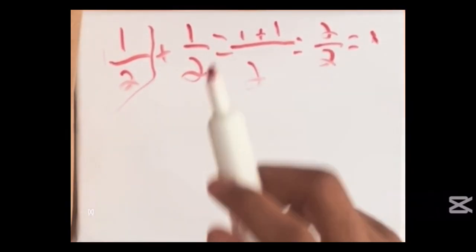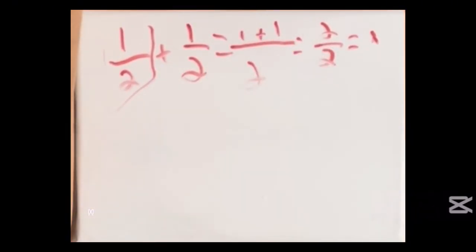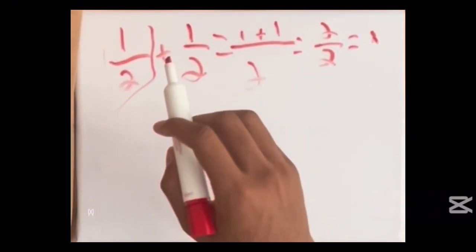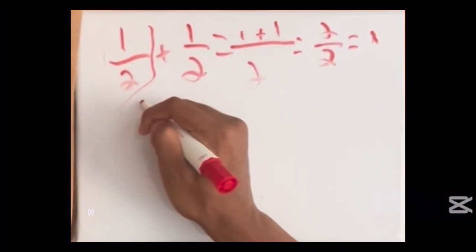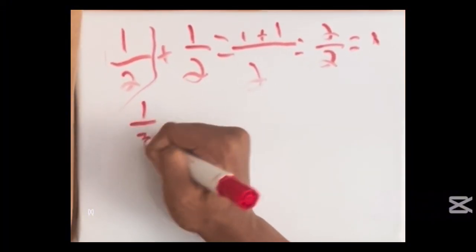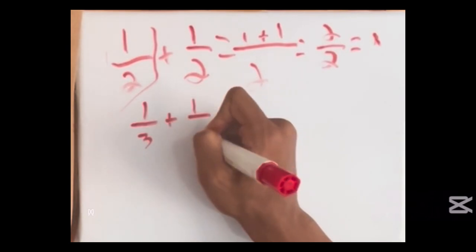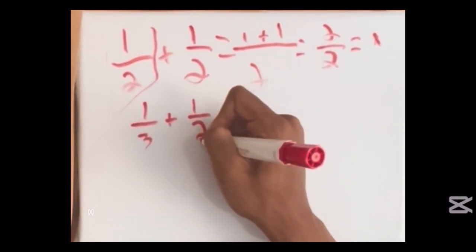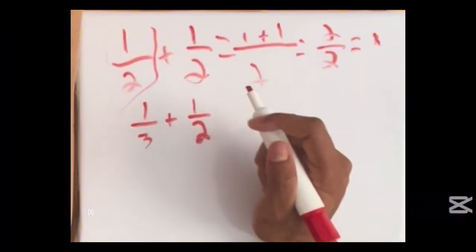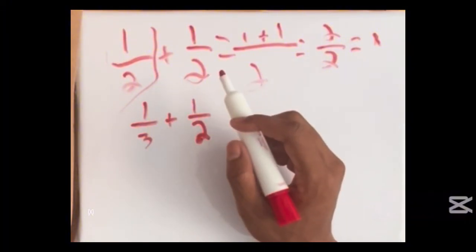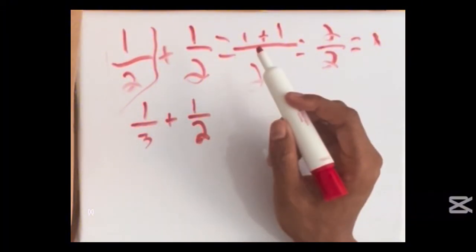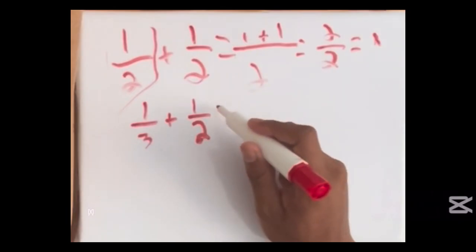But it gets tricky when they have different denominators. Let's say they have 1/3 plus 1/2. Now, there are different ways to approach this, but what I like to do is the butterfly method, which I'm going to show you in a second.